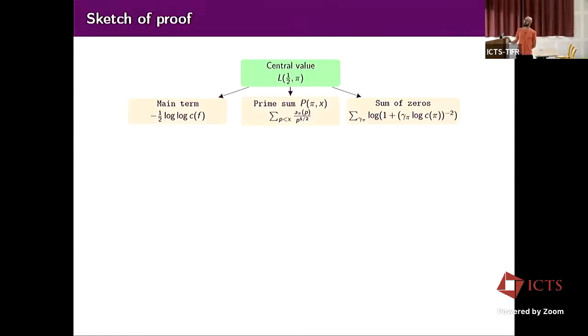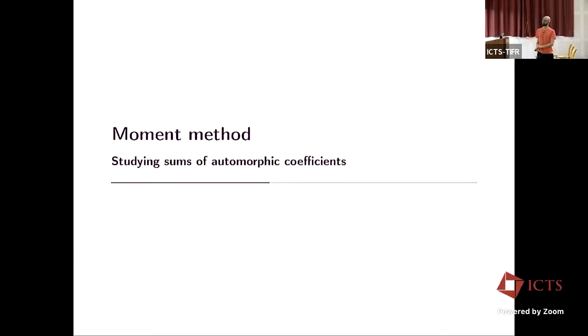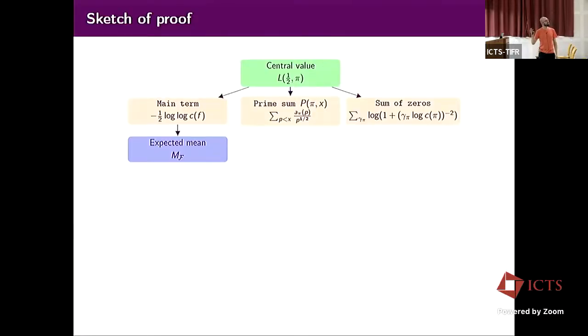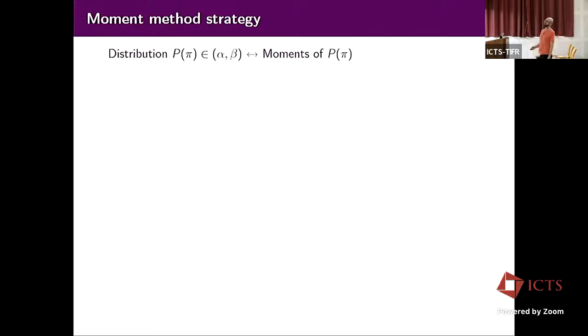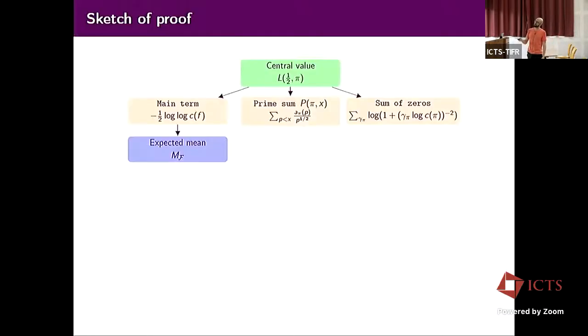So as we said, we cut the central values into these three terms, and now we'll be studying the second one, the sum over coefficients. We'll be using something called the moment method, so we'll be interested in moments of this sum of coefficients. I want to explain just a bit why we study moments. Remember, we want to study the distribution of the central value.